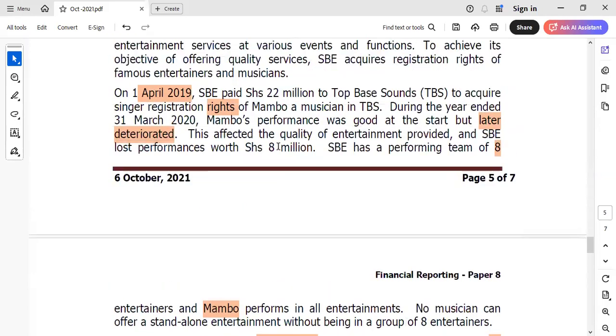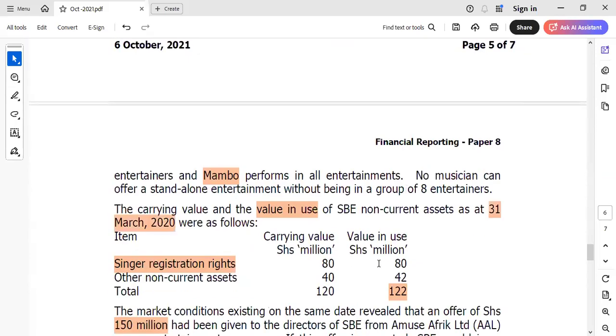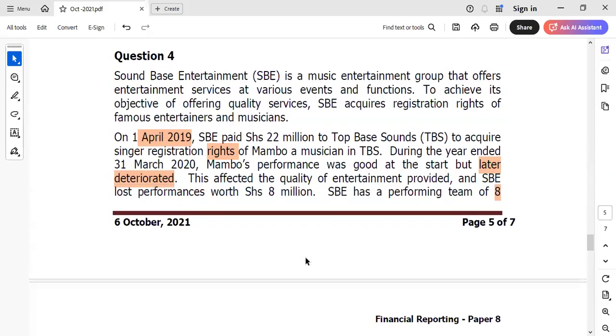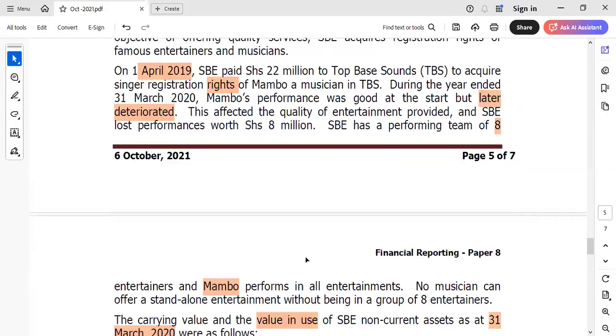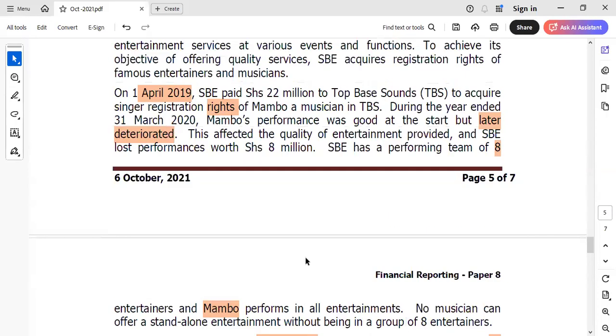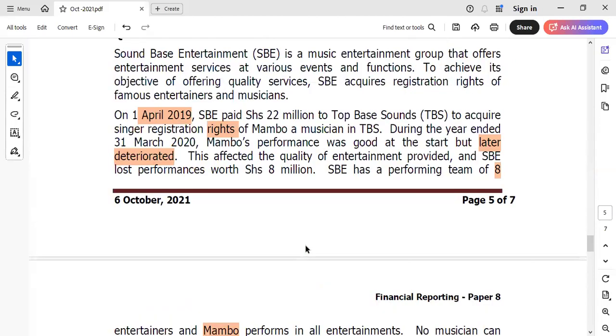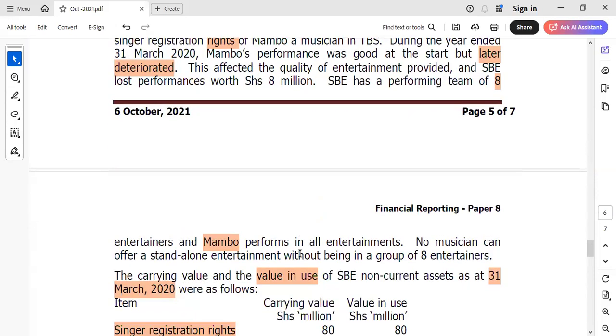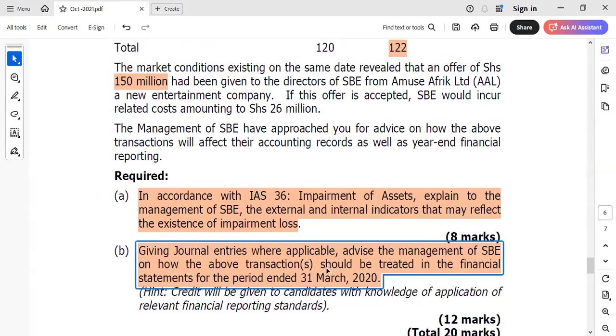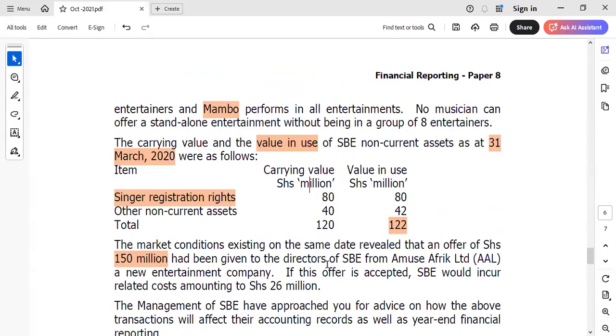So this 22 million is already part of the carrying value, so you don't need to put it there again. Any other question? I see I'm done with this question.